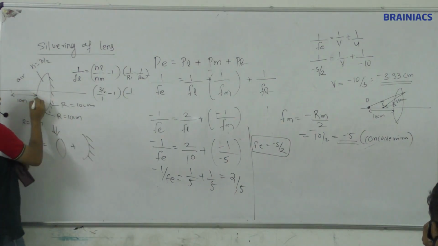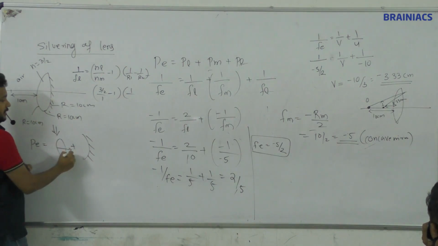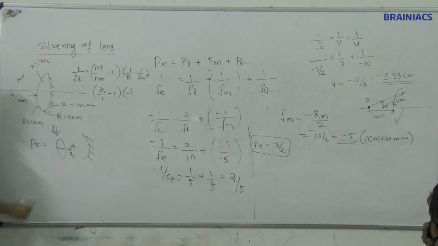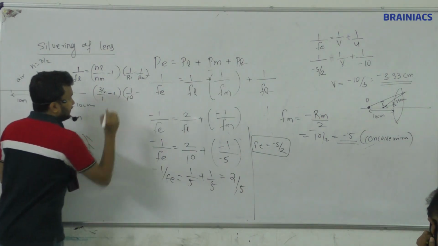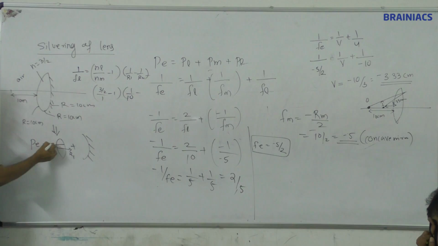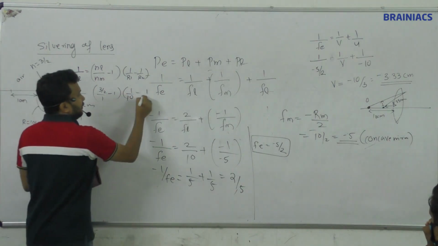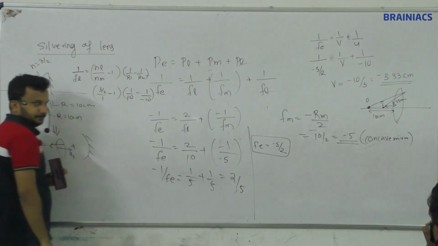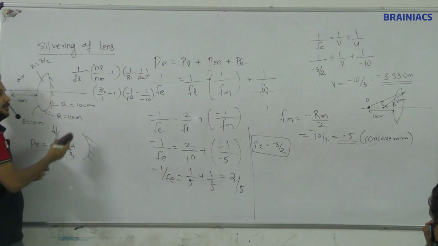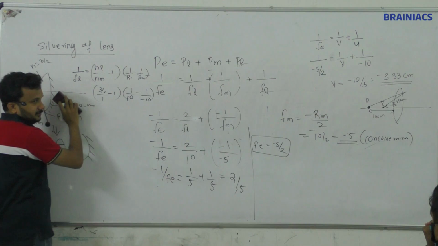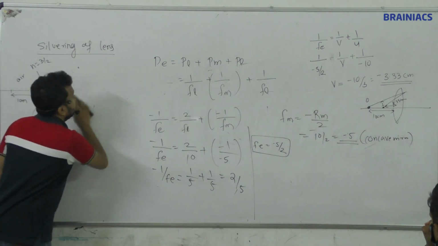R1 is in this direction, right? So R1 is positive. So positive 10 you can take. Minus R2: what direction is it? In this direction. So is R2 positive or negative? Negative. So 1 divided by minus 10 will come. In case it is not given, you have to do this. Clear? So we'll move to the next question.